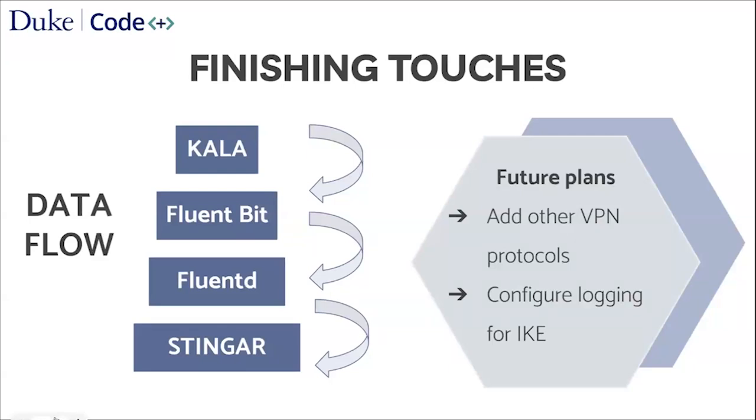And lastly, we do want to try creating a VPN session using the IKE protocols, because even though we were connecting using StrongSwan, that third-party VPN client, we weren't actually able to create a VPN session. We were just able to touch it, kind of make that initial connection. And so maybe in the future, we could figure that out and see what happens when we actually create a VPN session.